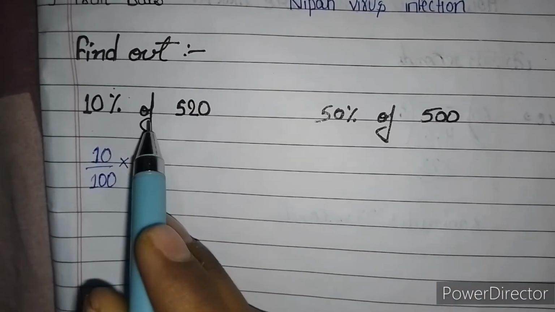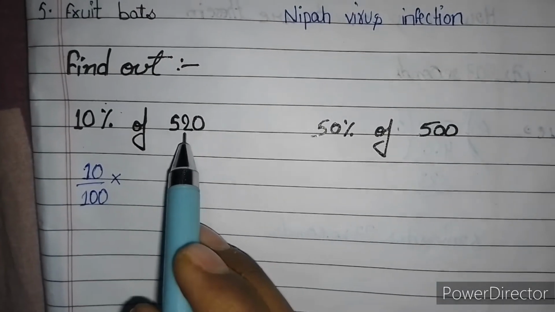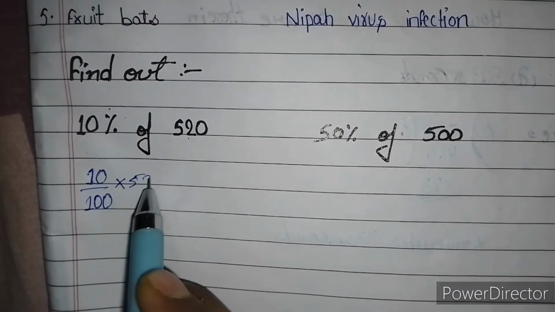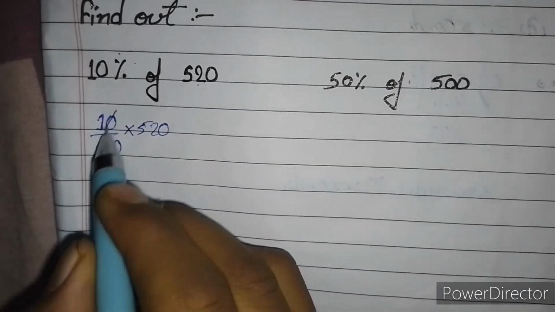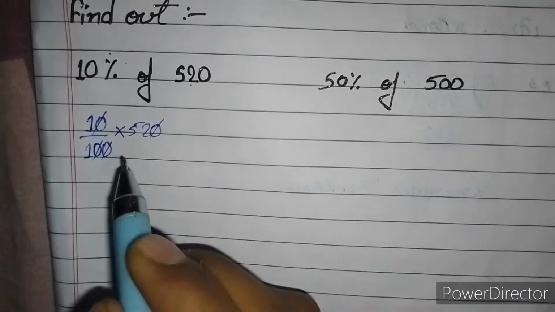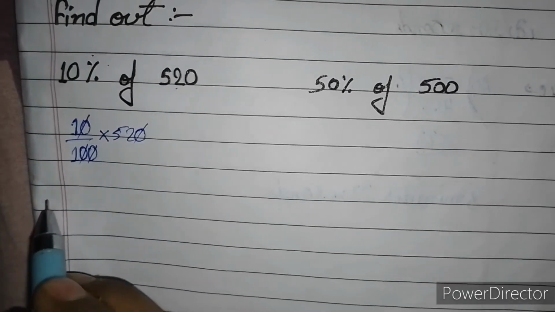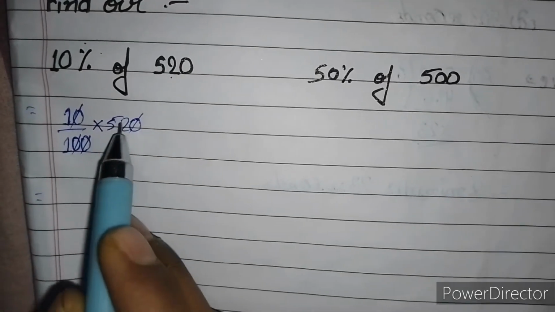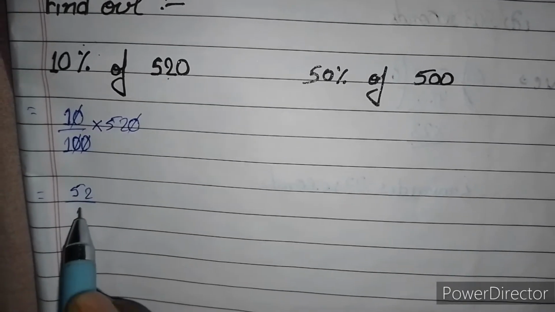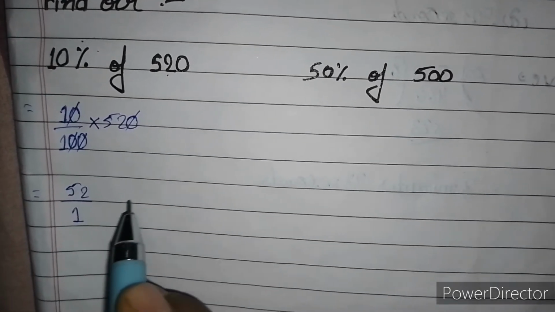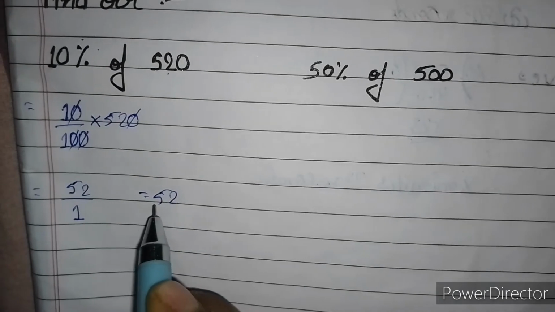So the sign of multiplication and then 520. So the 0 will be cancelled and we will get 52 by 1, and we can also write it as 52.